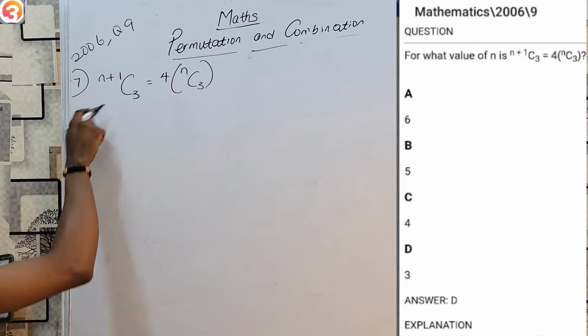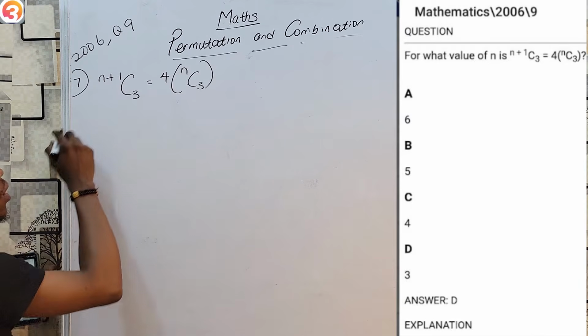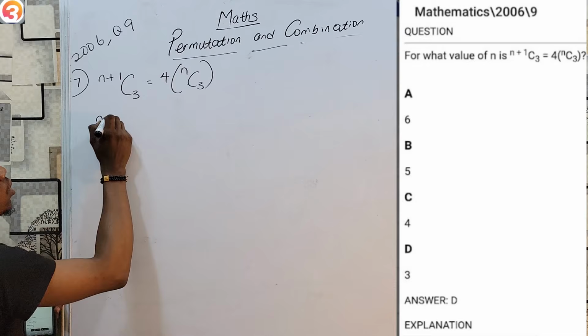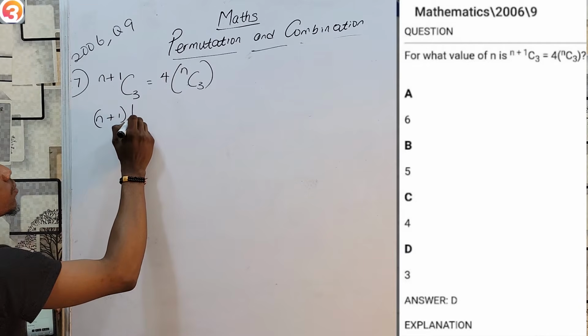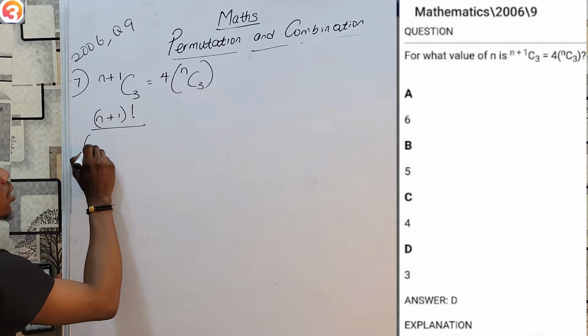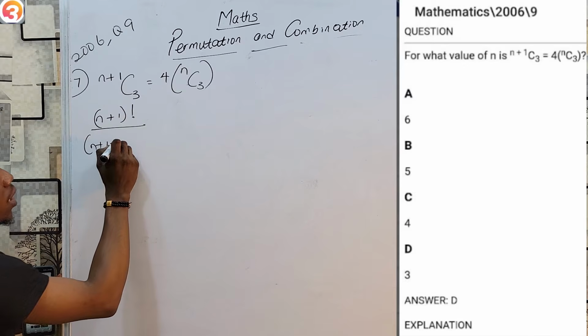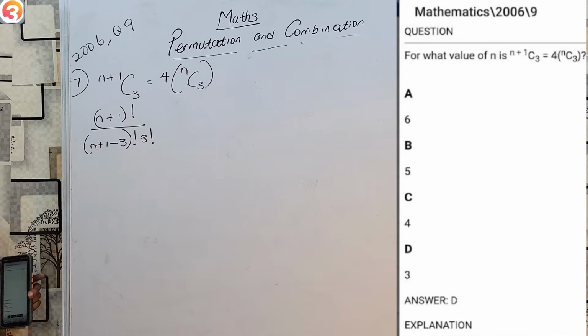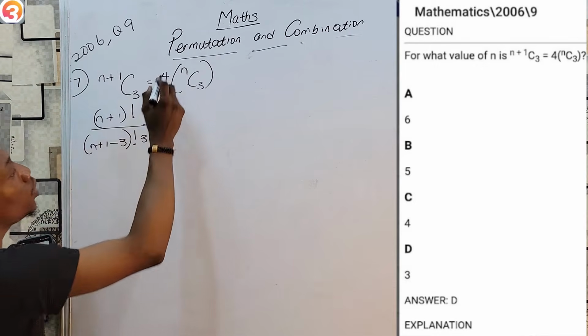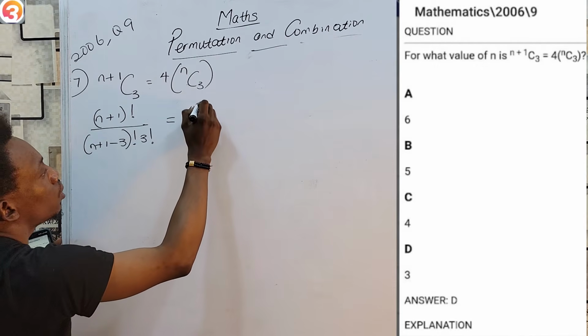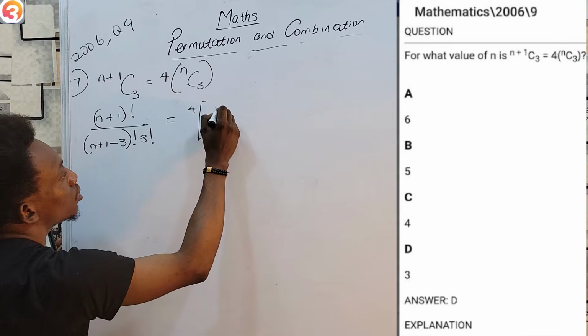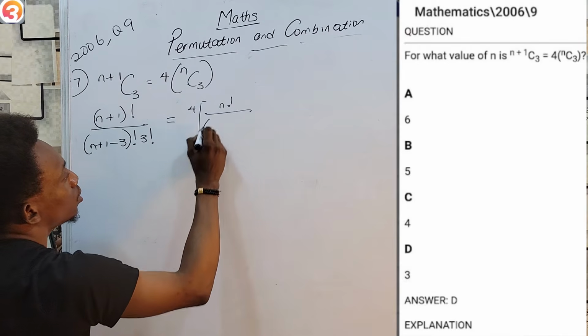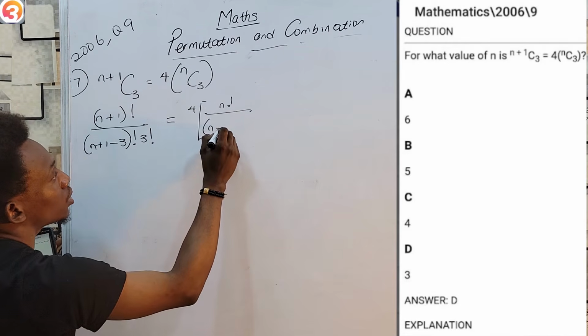What can we do? For combination, as we are aware, n combination r should give me n factorial over n minus r factorial r factorial. And this right now ought to be equal to 4 times n factorial over n minus 3 factorial 3 factorial, as my r is 3.